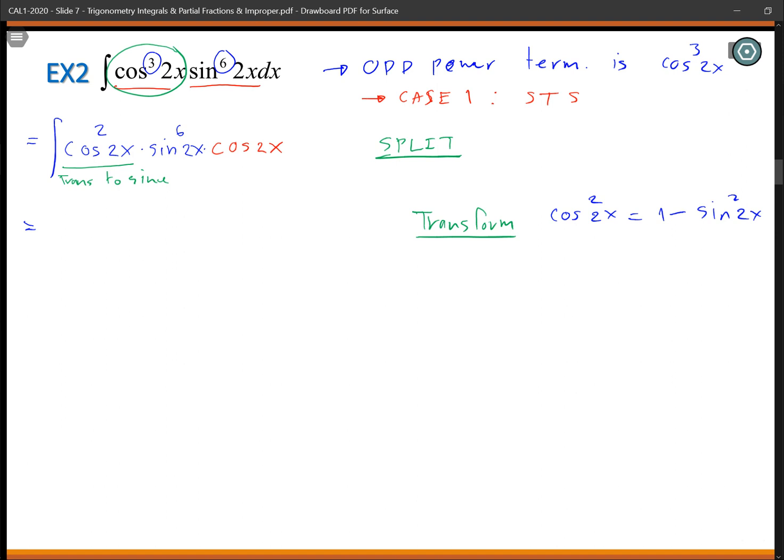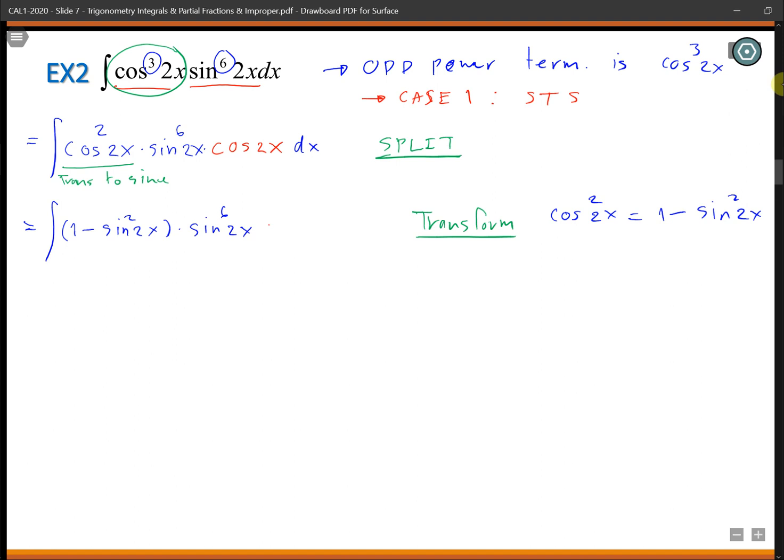Alright, so let's put this in. Integration of cosine 2x squared. Now, it's going to become 1 minus sine of 2x squared. This sine of 2x stays the same with the power of 6. Oh, I forgot this dx right here, so add it.